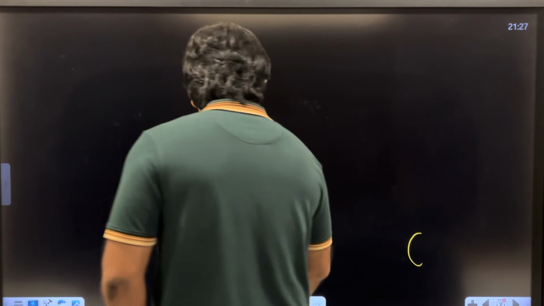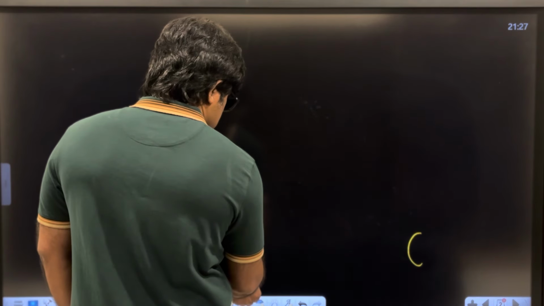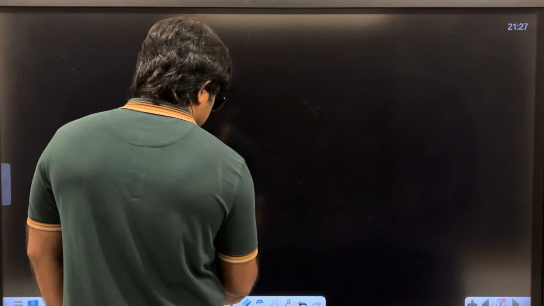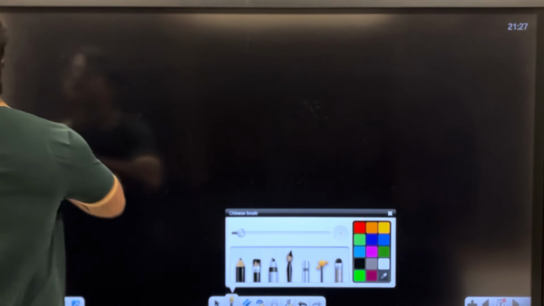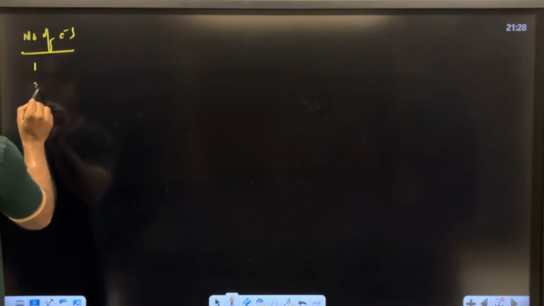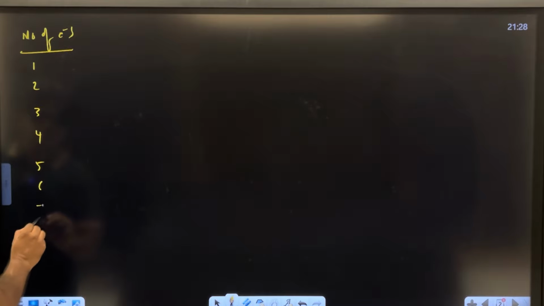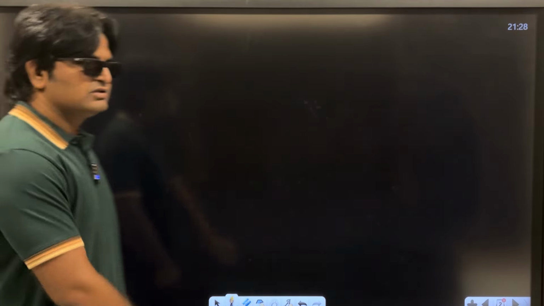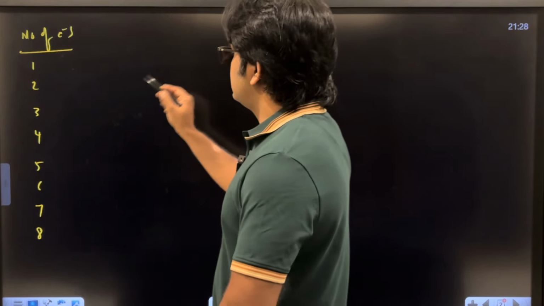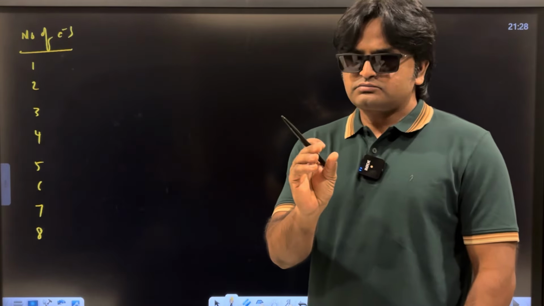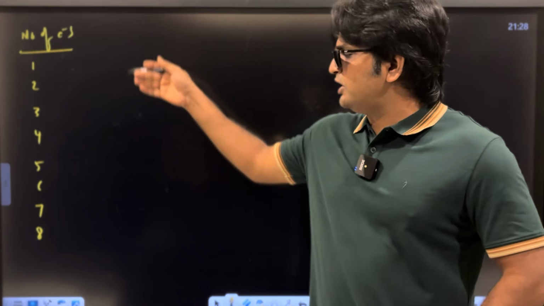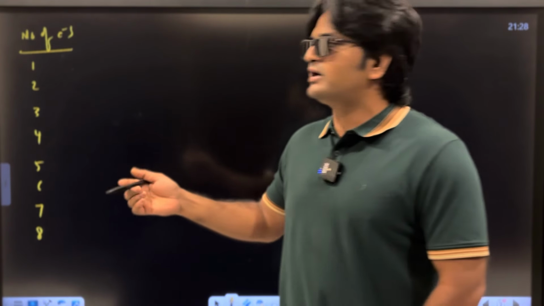First I am going to write the number of electrons. I am taking the number of electrons from 1 to 8: 1, 2, 3, 4, 5, 6, 7 and 8 electrons. Again, we start two separate systems: a 1 to 8 electron system and an 8 to 20 electron system.